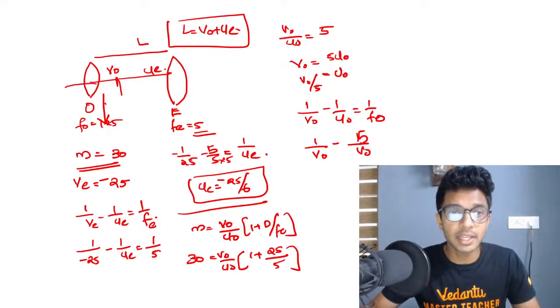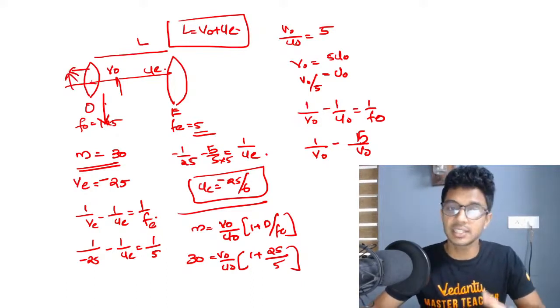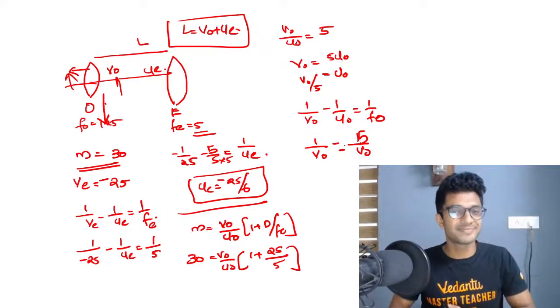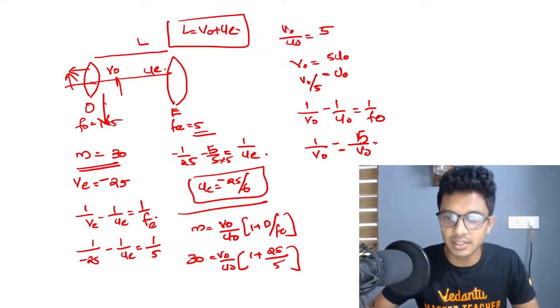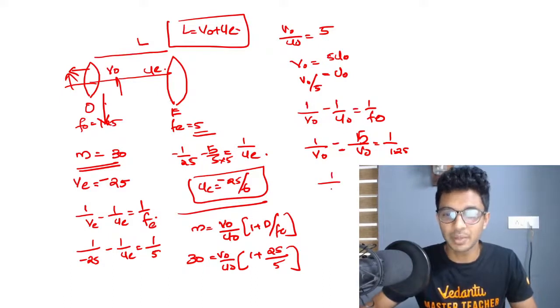But you know that the object is kept on the opposite side, so the calculation is made in the opposite direction. So one more negative sign pops up, right? That is equal to 1 by focal length of the objective, that's 1.25. So this is plus, so this is 6 by V naught is equal to 1 by 1.25. So V naught is equal to 1.25 into 6, that is 7.5.